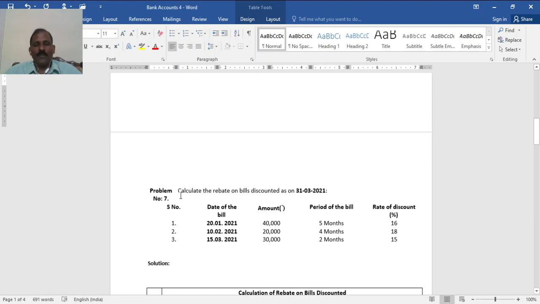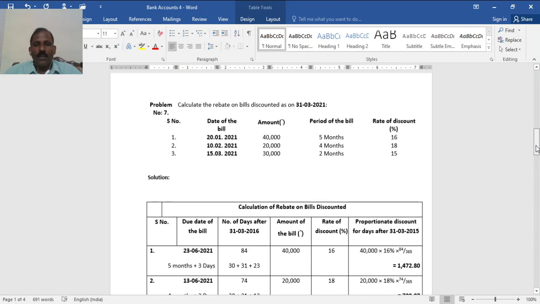Then problem number 7. Calculate the rebate on bills discounted as on 31st March 2021. No, the due date has to be changed.